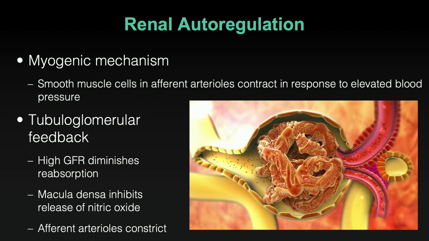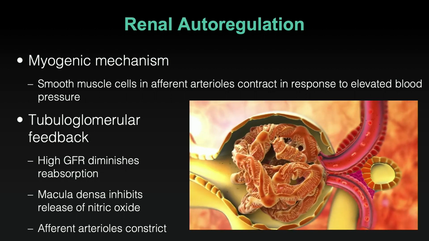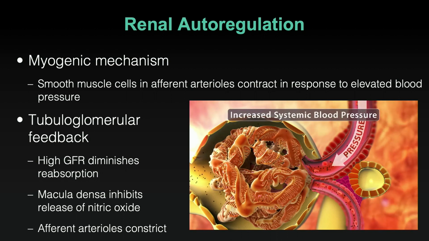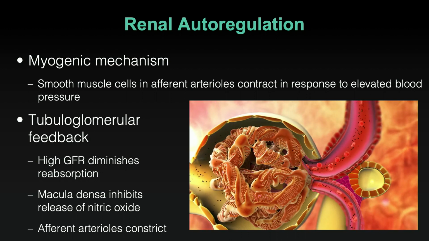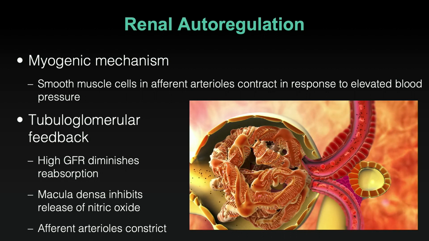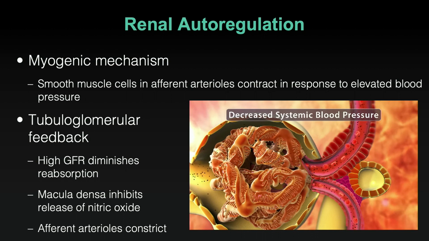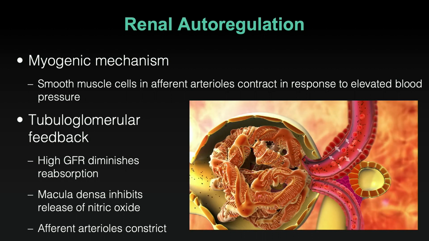A constant GFR requires a stable glomerular pressure. The myogenic mechanism contributes to this stability. When increased blood pressure causes renal arteriolar smooth muscle to stretch, automatic constriction of this smooth muscle will result because of this mechanism. When systemic blood pressure is low, the same muscle relaxes to maintain a constant GFR.